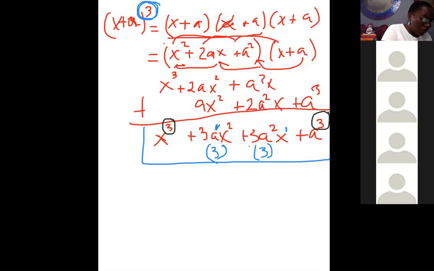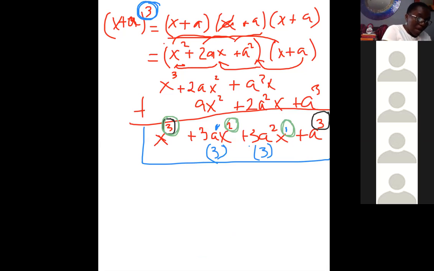So next, what I want you to notice is that the degree of the first term is 3. The power on x is 3. The power on the next x is 2. The power on the next term is 1. So in other words, the powers on the x's are going forward in descending order of powers.